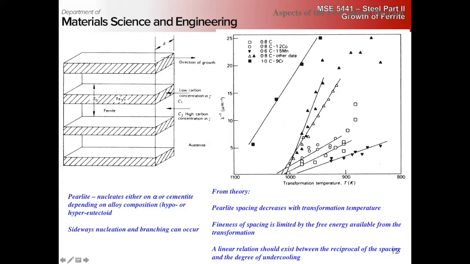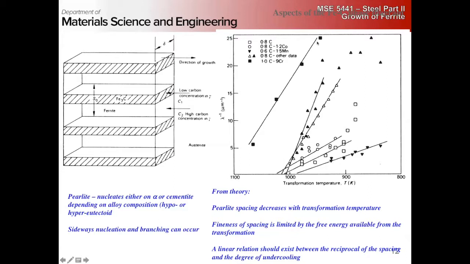So if this is reciprocal spacing, this is big spacing, and this is small spacing up here, right? So what we want to say is essentially that the higher the transformation temperature, the bigger the lamella spacing. And the lower the temperature, the finer the lamella spacing.